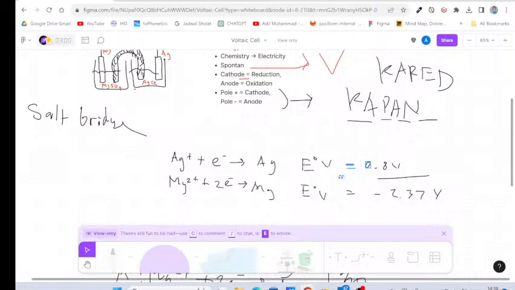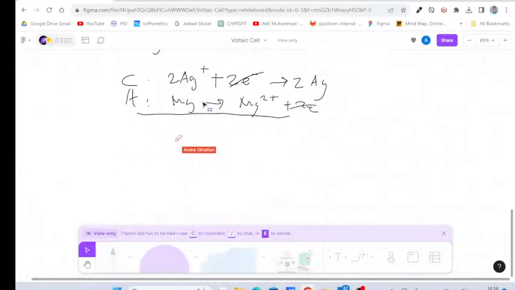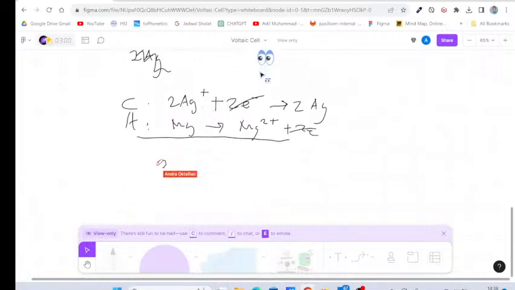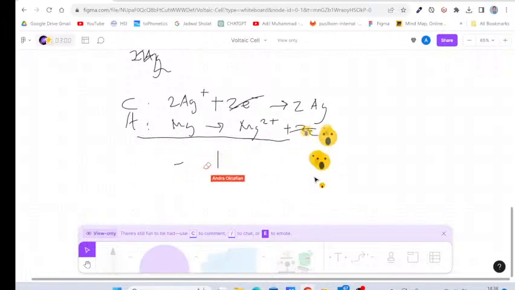Okay, resulting, eliminate the electrons and just write the complete reaction. Got it. 2Ag+ plus Mg.